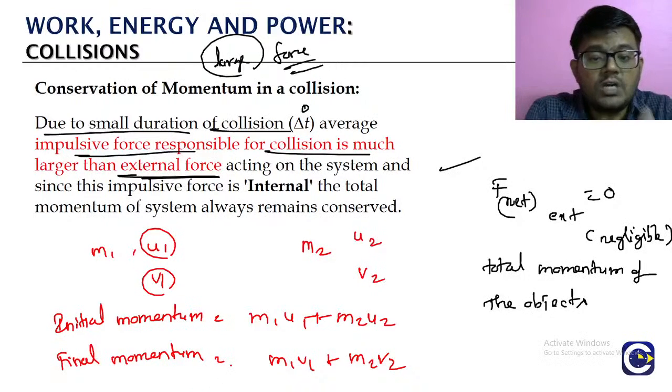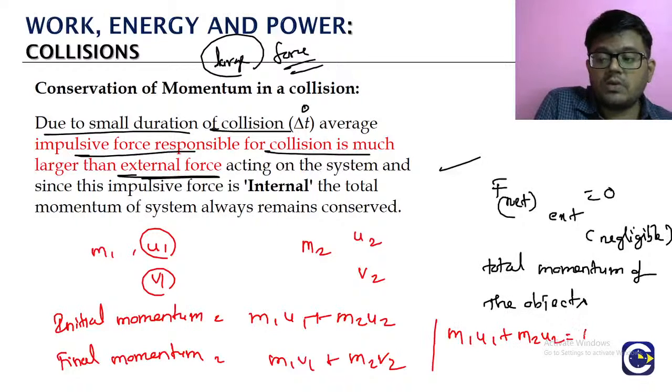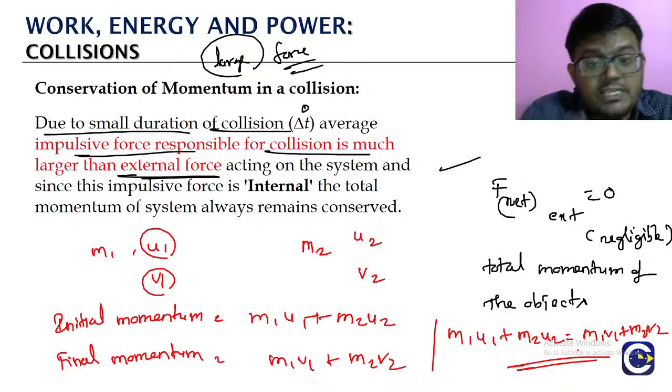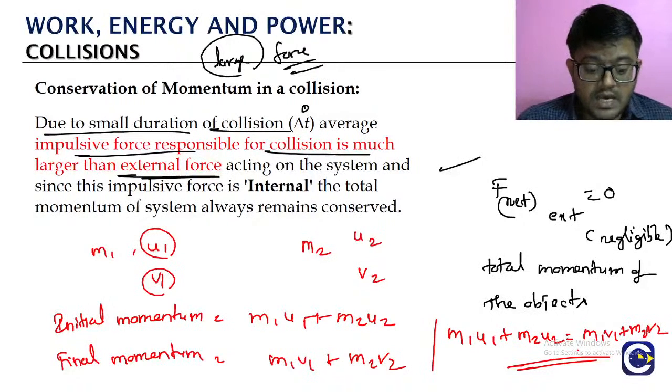So when we say the total momentum of the system is conserved, m1 u1 plus m2 u2 will be equal to m1 v1 plus m2 v2. The momentum of the individual objects might change. Object 1's momentum might change, and object 2's momentum also might change.